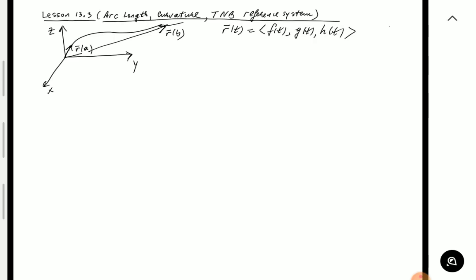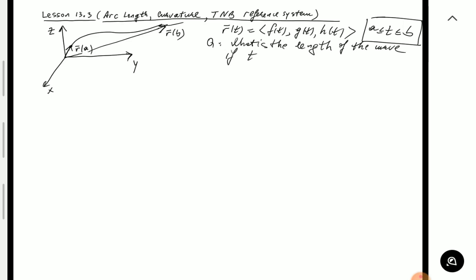And let's say that t is restricted in a closed interval [a, b], so that we can have actually a curve with a finite length. And so the goal or the question is, what is the length of the curve if t varies between a and b, right? As t goes from a to b.